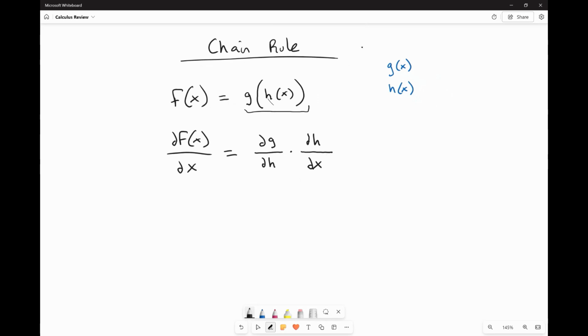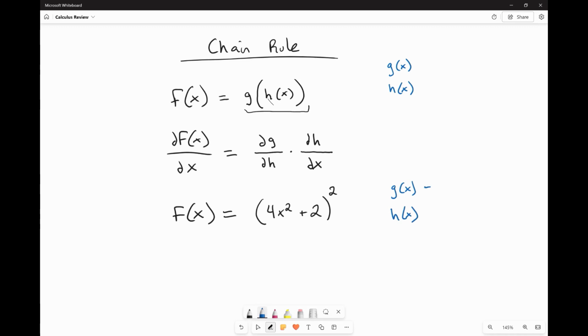All right, so let's give an example of an equation. Here's f of x. Here's a simple example: (4x squared plus 2), and all of that is squared. When we look at this, we can see that this is a function composed of two smaller functions. There's a g of x here, and there's an h of x.